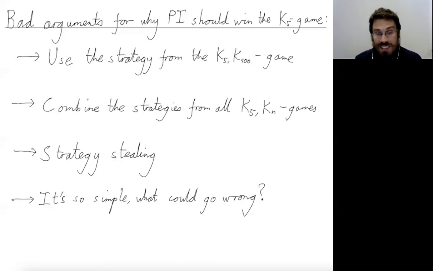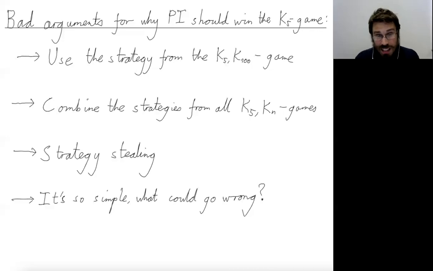We could try using the same proof we used before, this strategy stealing argument. But this also isn't going to work. It falls at the first hurdle: in the K5, K100 game, at least one of the two players has to win, there can't be a draw.